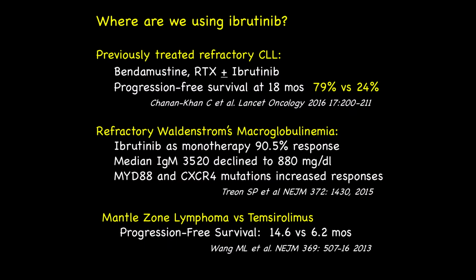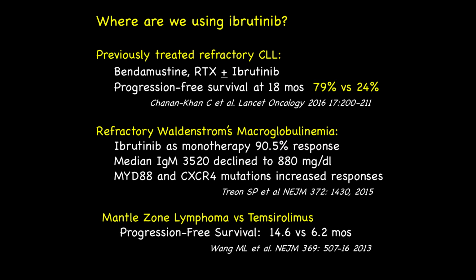So how are we using ibrutinib? Well, ibrutinib is making a big splash. In previously treated refractory CLL, compared to other alternative treatments, it had a 79% remission-free survival at 24 months.